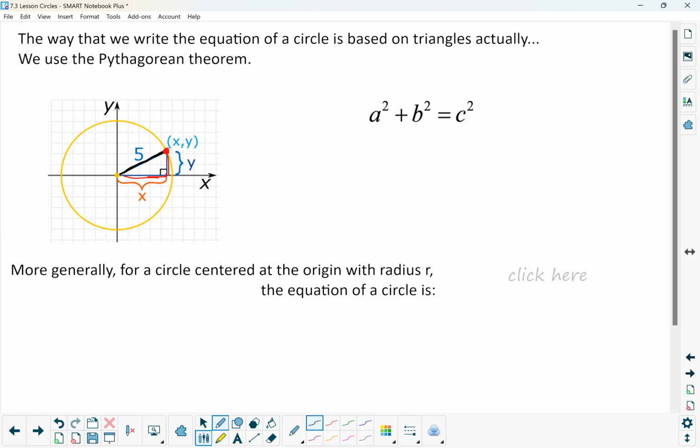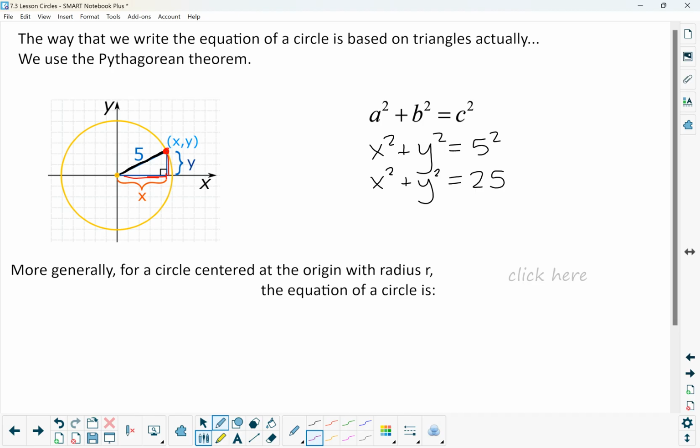So if we fill those variables and the 5 in this case into our Pythagorean theorem, we have x squared plus y squared is equal to 5 squared. Now, because 5 squared is a constant, we usually in the circle equation would not see a 5 squared. We would usually see the number 25.